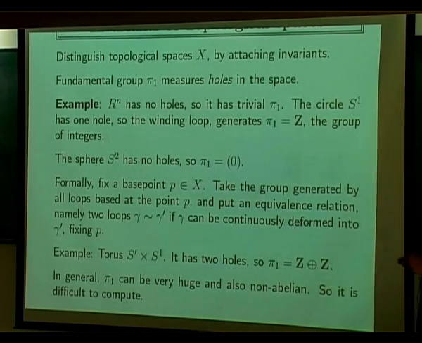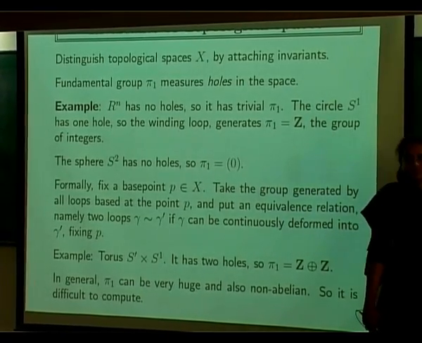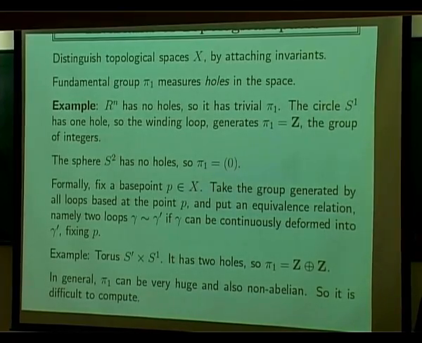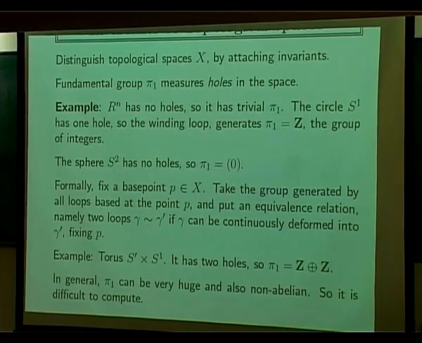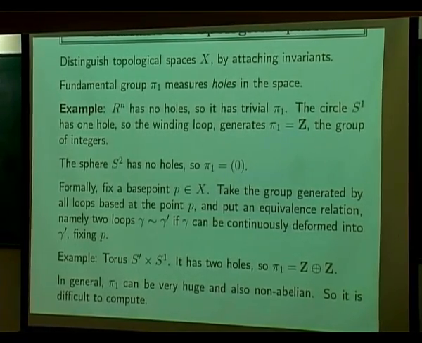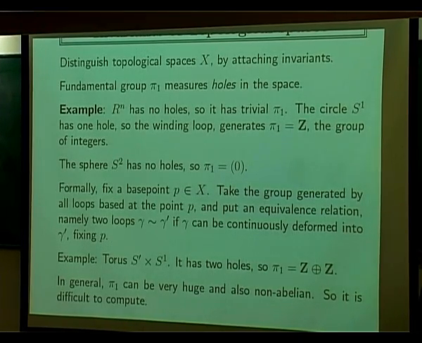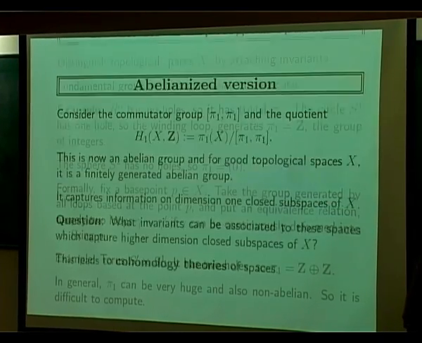In many cases these are nice examples which I am able to show, but you can imagine that if I take arbitrary topological spaces which have many bad holes and so on, then the fundamental group can be very huge with many generators, and it can be highly non-abelian also. So somehow we want to take care of this aspect.